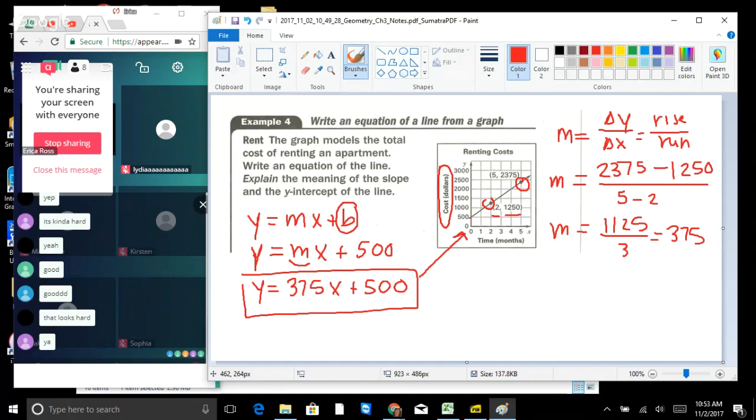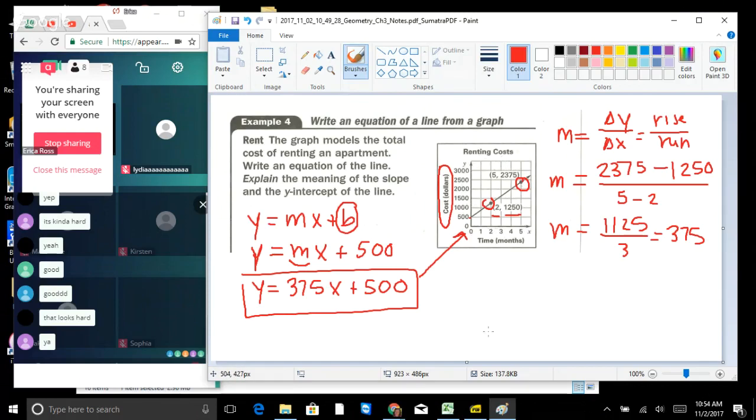Now you might be saying to yourself, Mrs. Ross, you just told me the slope was 375. I'm expecting the line to go super fast, because the higher the slope, the higher the hill, the faster it goes up. The reason is because they've changed the window that you're looking at.